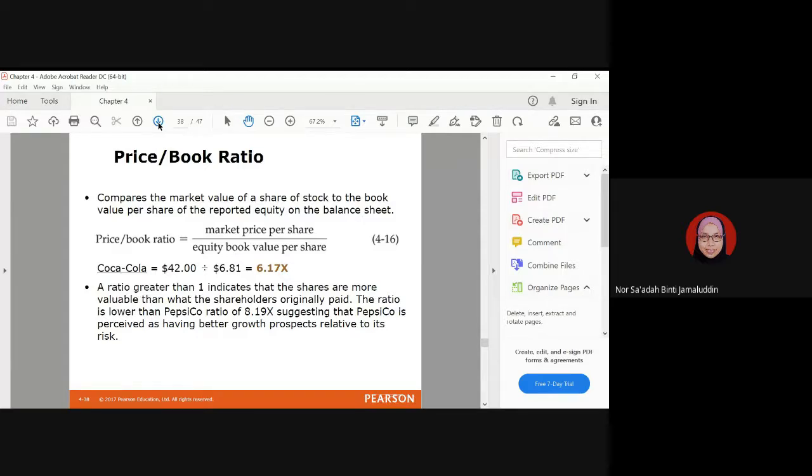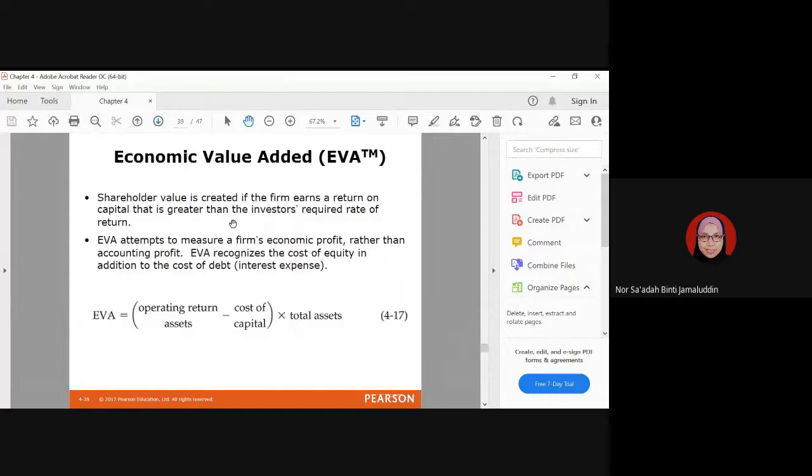Let's say you want to invest in a company, you must make sure that the market price per share for the company is higher and higher and keeps increasing from time to time. Okay, this is economic value added. Okay, this is also on the effect on your decision to make the decision either to invest or not.